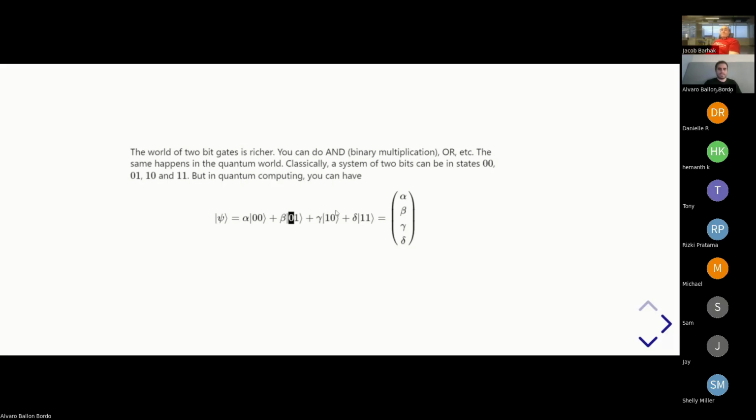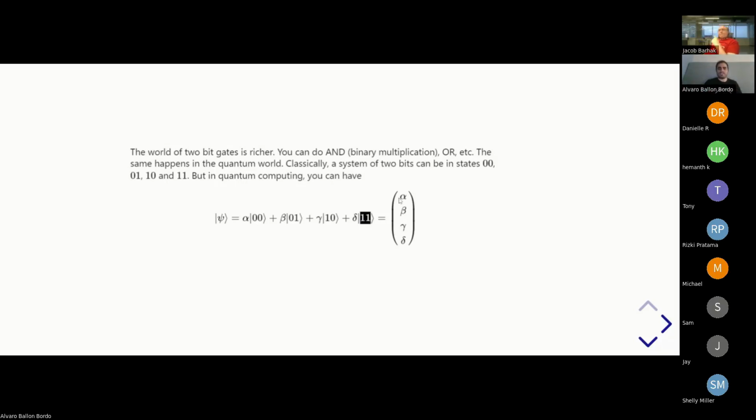So these represent these states that we understand. But again, we can have this superposition. We can have a combination of the qubits being in 0, 0, or 0, 1, or 1, 0, or 1, 1. So we can have this combination of different states of the two qubits.